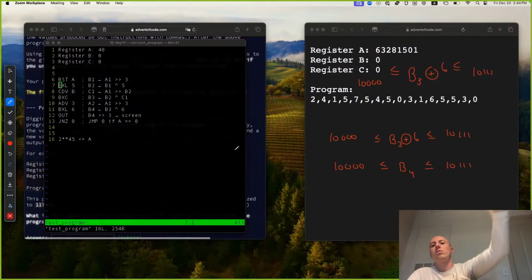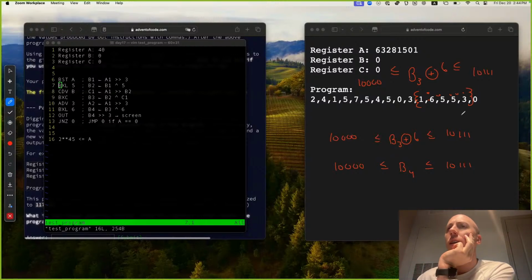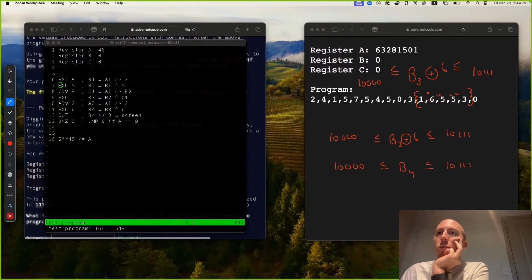What values? I mean, we could find the set of values, and then we could take the minimum value there and the maximum value, but then there might be discontinuities in here. So I guess we do have to just take a set, but we can say, all right, B3 has to be in the set.